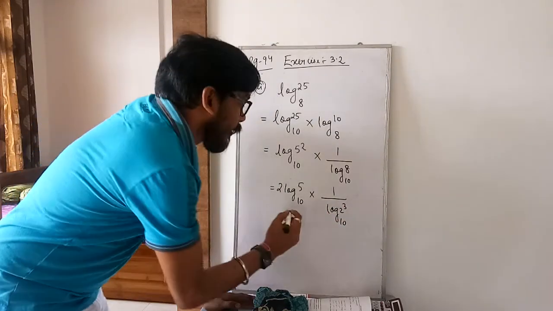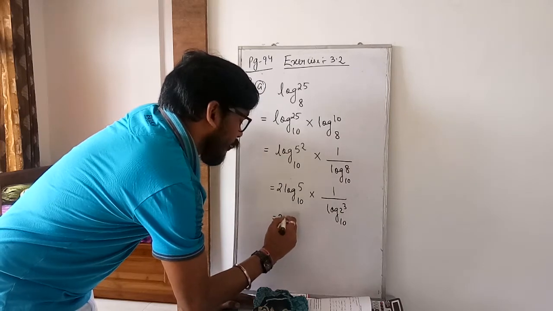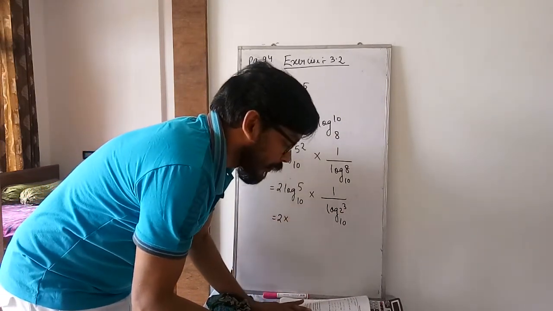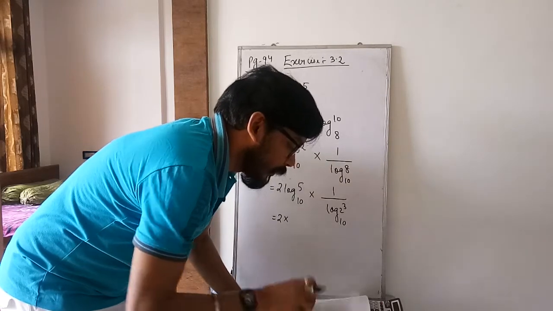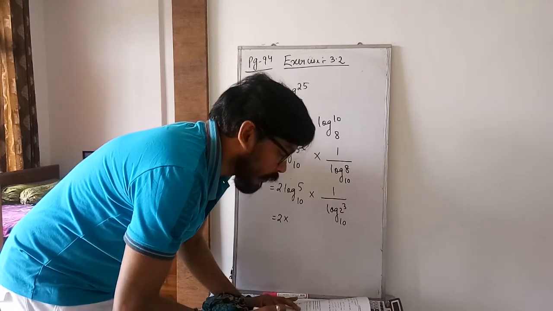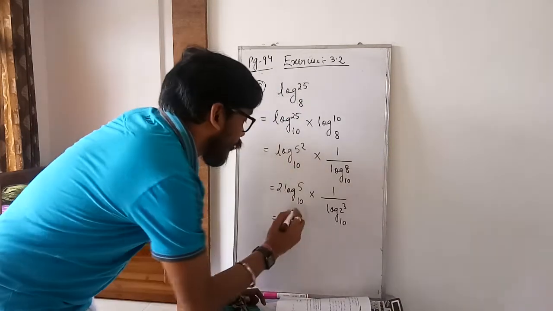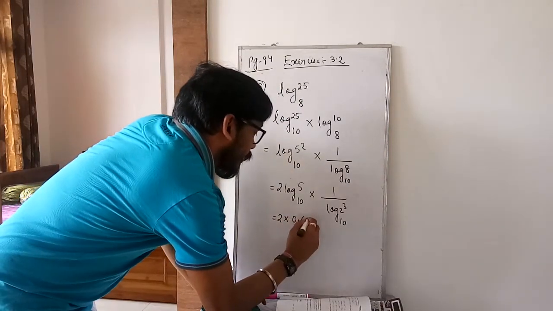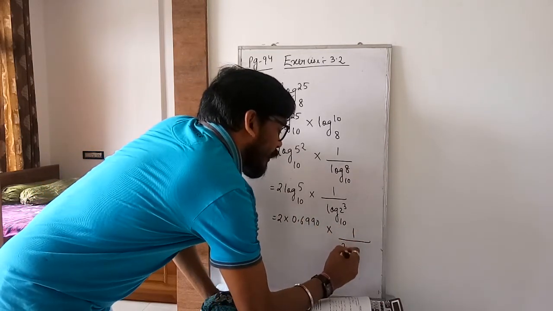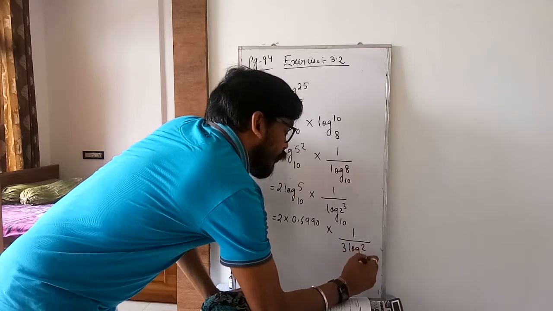So 2 log 5 value is how much? Log 5 means 0.6990, it is 0.6990. So 0.6990 into 2, I am adding it here, and you can write here 3 log 2 base 10.